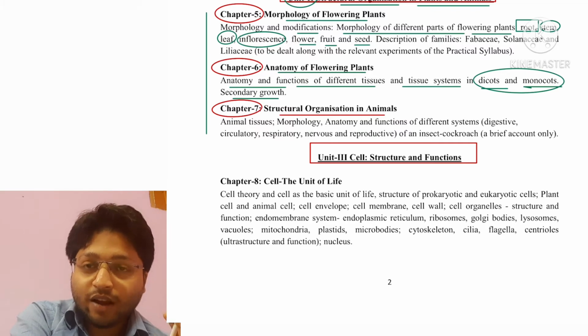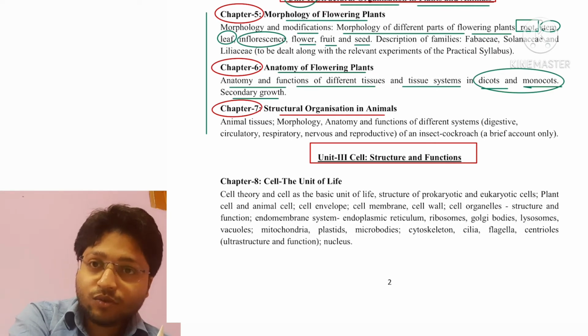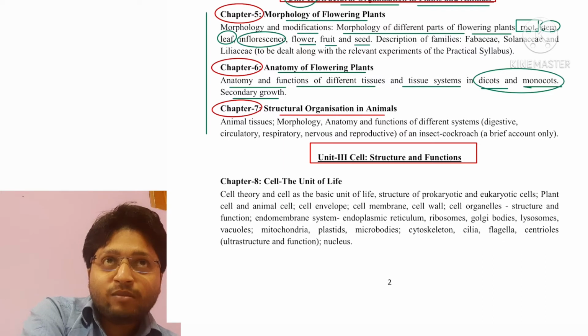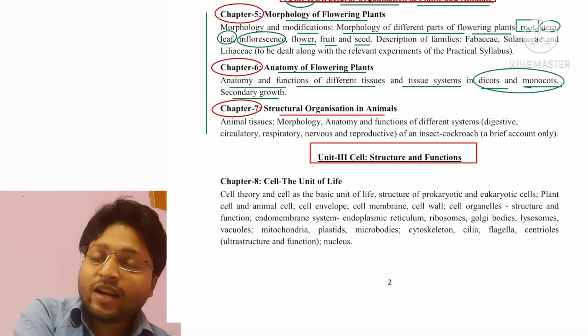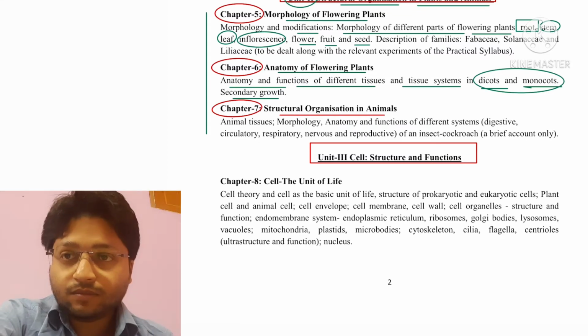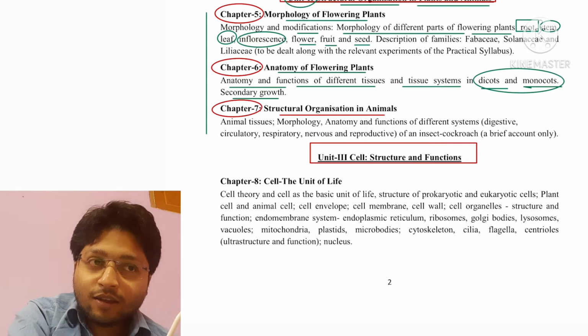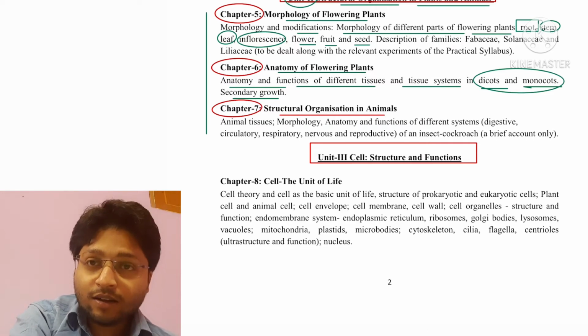Number 2, connective tissue. Number 3, muscular tissue. And number 4, nervous tissue, right? So these 4 types of tissue constitute the body of any type of animal. So in this chapter you can learn these 4 types of tissues present in the animal.